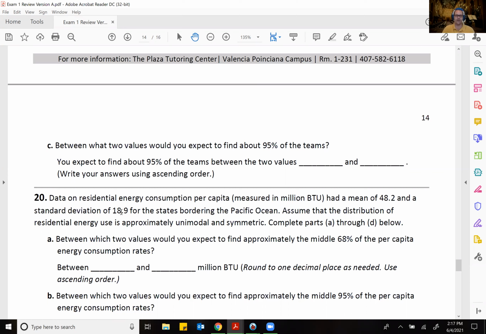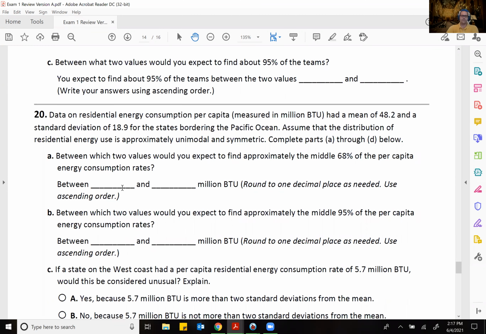Assume the distribution is approximately unimodal and symmetric. We like those. So they want us to find some information. This question, part A, is very much like what we just did on 19 part C. So let's make a nice little picture together.